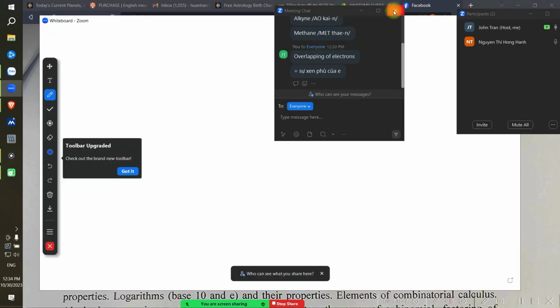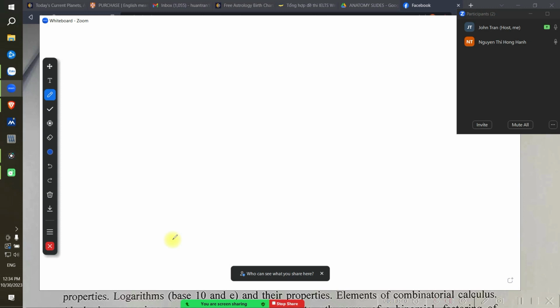Can you see the whiteboard now? Yes, now I can see that. Good. So now basically, carbon has 4 electrons on its outermost shell, right? Carbon is 12,6. So it means 1s2, then 2s2, but you still have 2 more.